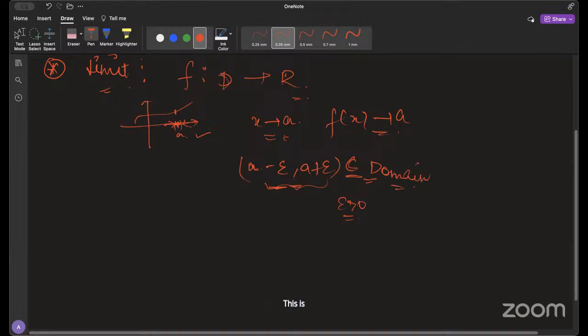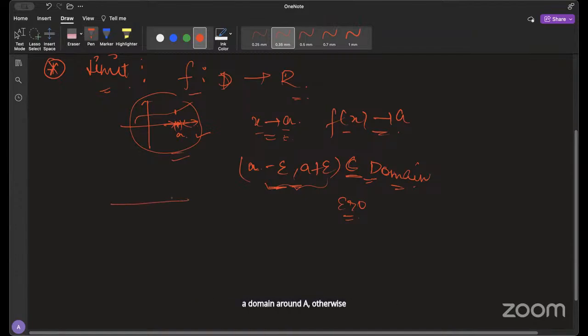If you've been given a function, graphically you do understand what the limit of this function at x equals a means, right? It just means when your x tends to a, where does your f go? That's what it means, and graphically it's easier to see. Now, how you define it: if you want the limit at a, you want a domain around a.